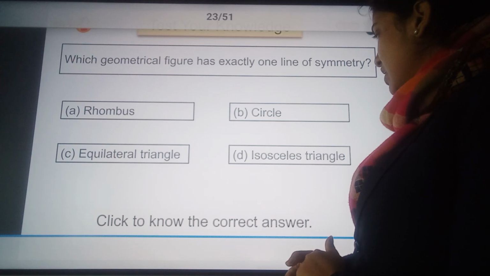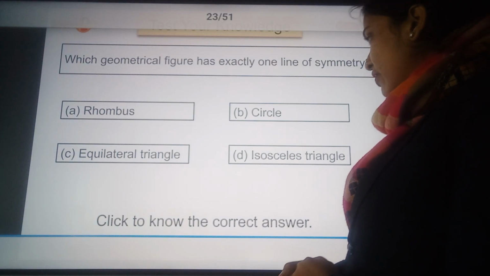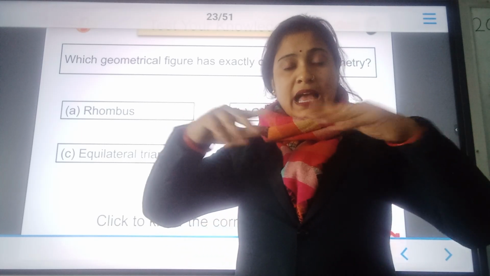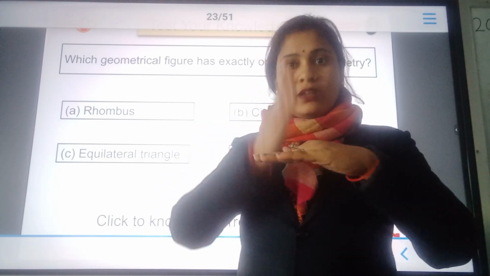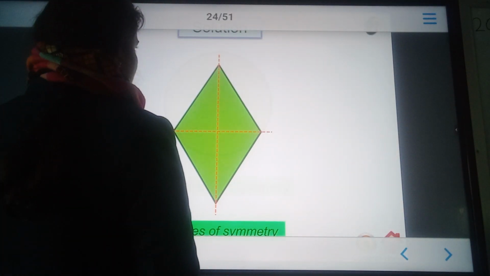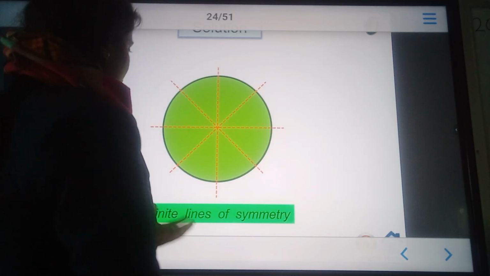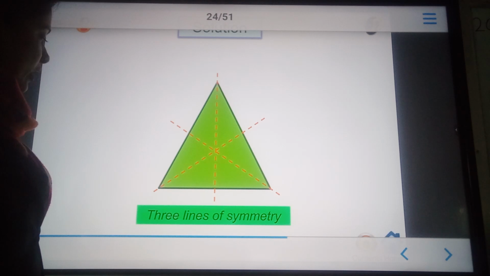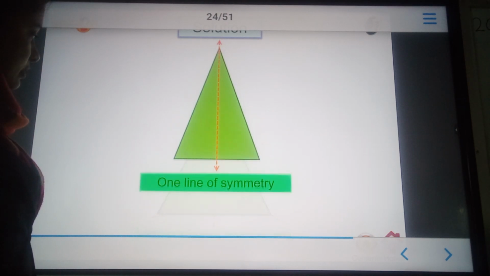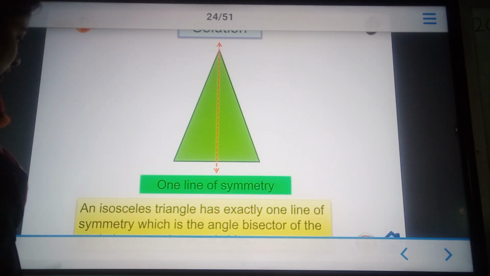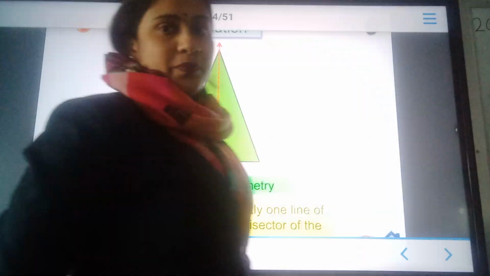For an isosceles triangle, since only two sides are equal and the base is not equal, we have only one line of symmetry. So these are the respective solutions.